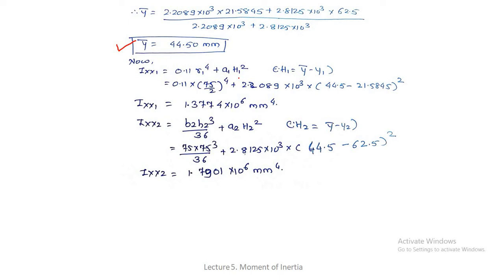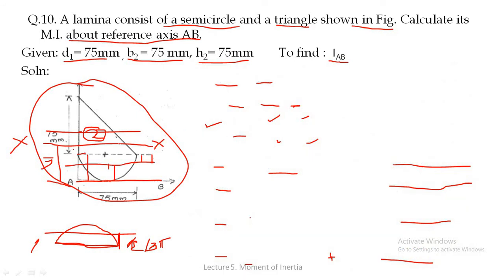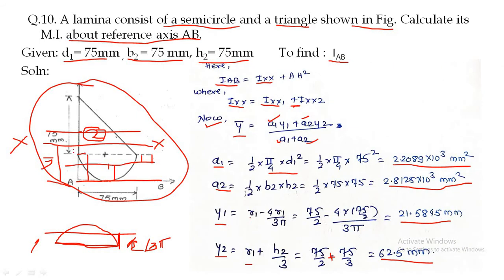Remember, the notation 1 here is used for the semicircle. So what will this IXX1 be? IXX1 is the moment of inertia of this whole semicircle with respect to the horizontal central axis of the total plane.